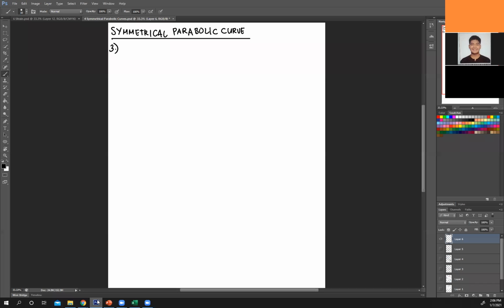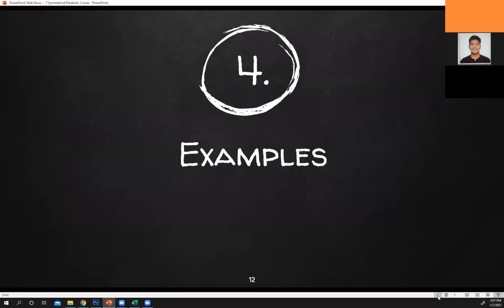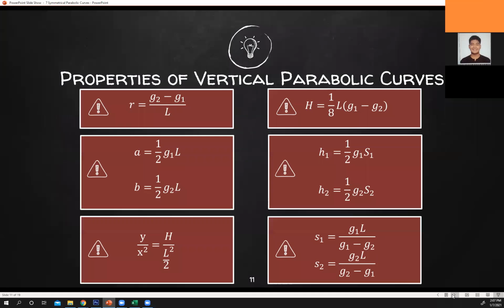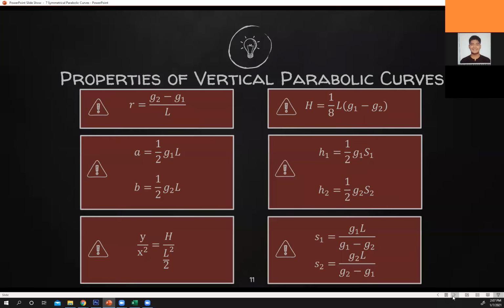So for number 3, all I need is your R. So R over stations, the length of each station, let's say that's N. Again, N, length of each station is equal to, and remember the equation for R, it's G1 minus G2 over L. Or G2 minus G1 over L.